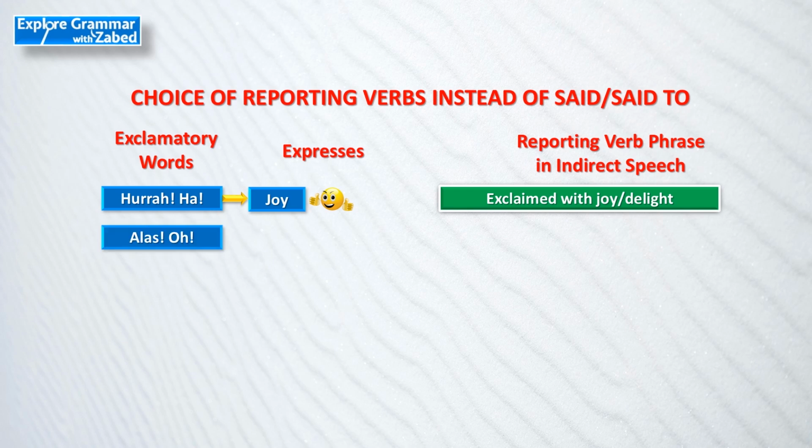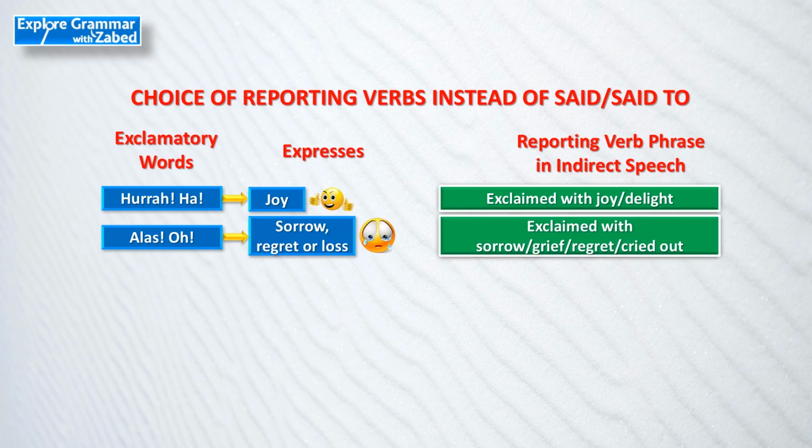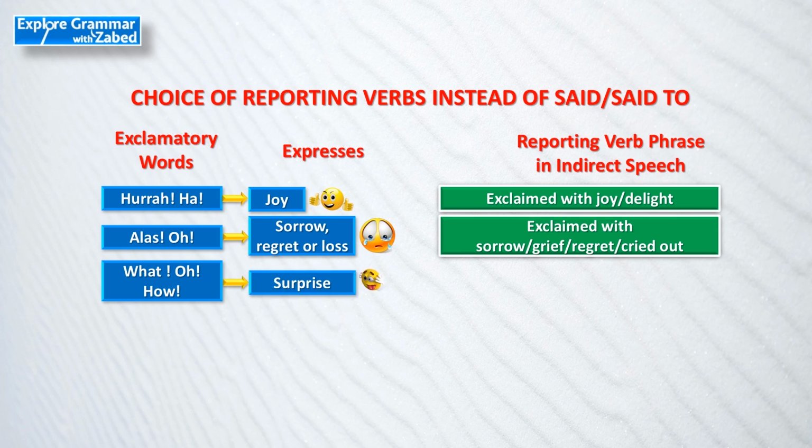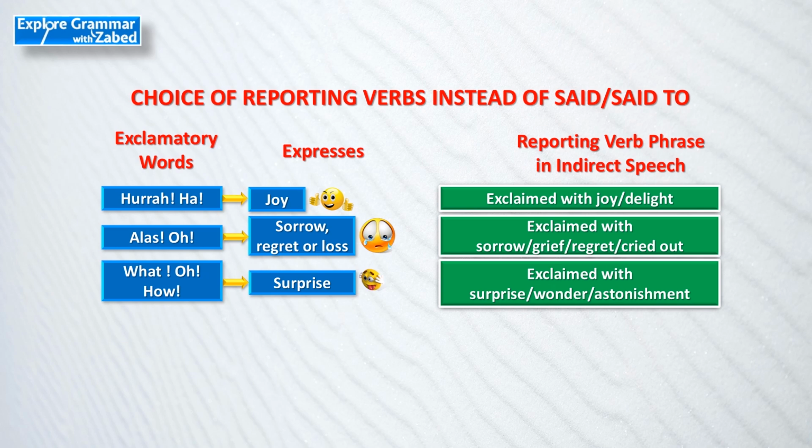If the word is alas, then said or said to becomes exclaimed with sorrow, grief, regret, cried out, etc. If the words are what, how, etc., in that case, said or said to are converted to exclaimed with wonder, surprise, or astonishment.